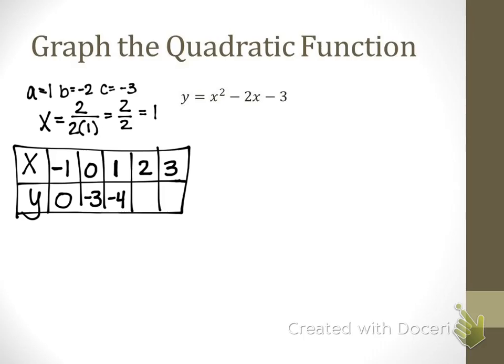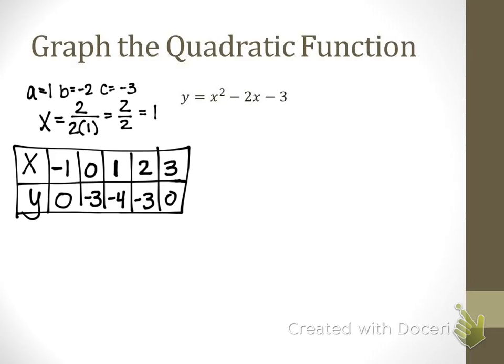All right, let's plug in the 2. 2 squared minus 2 times 2 minus 3. -3. Then last one, 3 squared minus 2 times 3 minus 3. And I get 0.